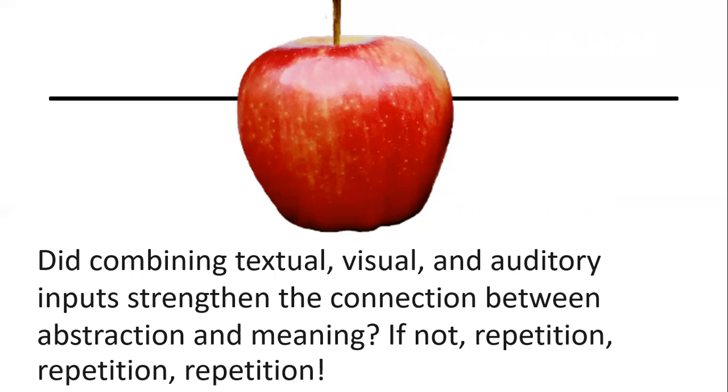Do these three combined, the textual, visual, and auditory input, strengthen the connection between abstraction and the meaning? What do you think? If not, according to Dale, repetition is necessary.